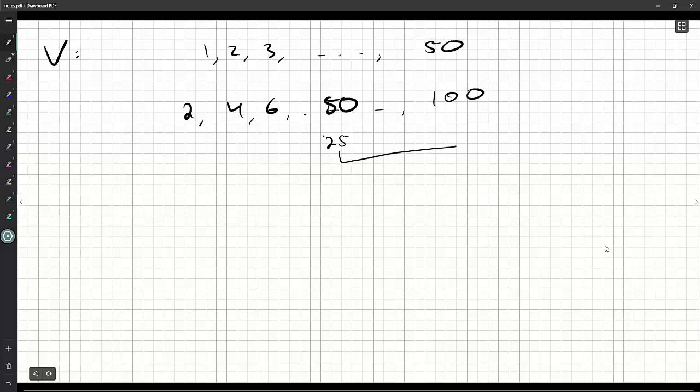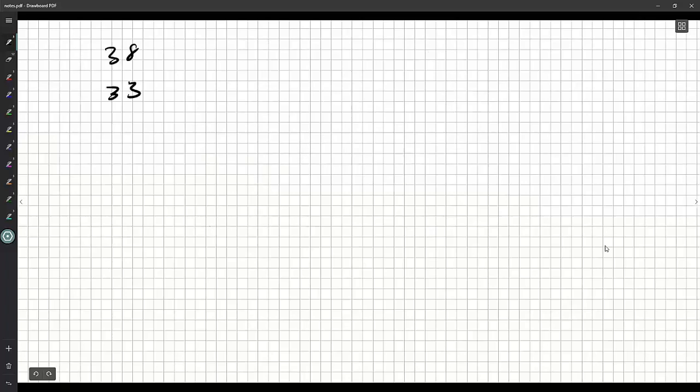So 24 of those, 26 of these, 27 of them. Last 27 are 50 plus. So I guess we could count down and every even number has 2. That's where we were earlier.